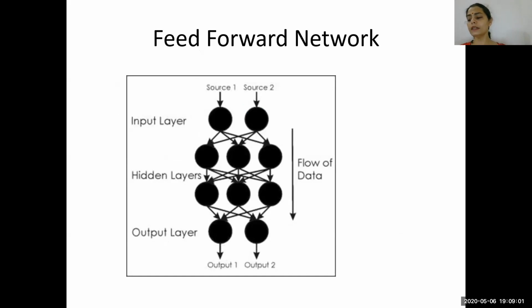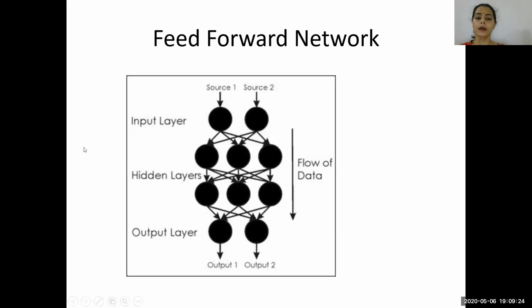Now, what is a feed-forward network? To be able to understand what back propagation and a feedback network are, we will have to understand what a feed-forward network is. We talked till now about a biological neuron, an artificial neuron, and a perceptron.